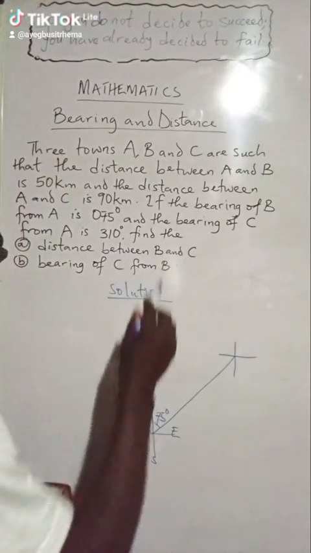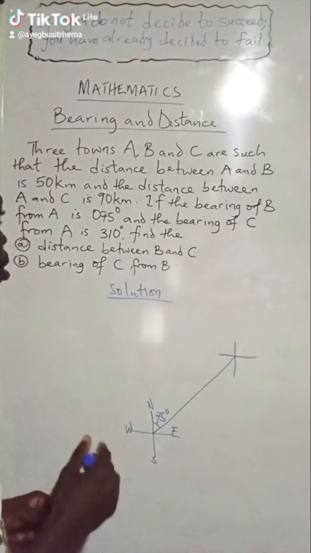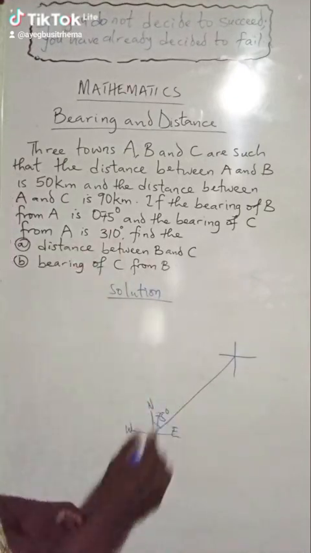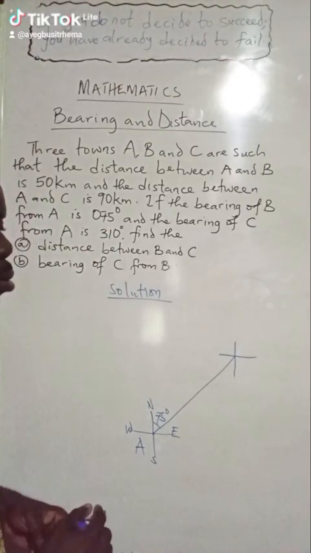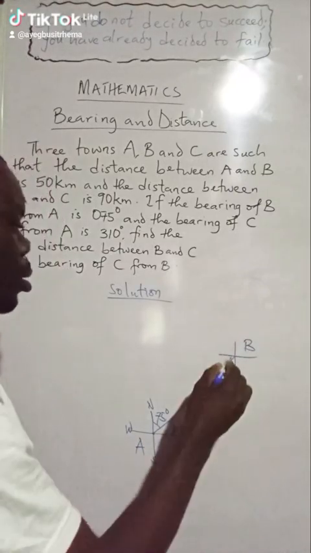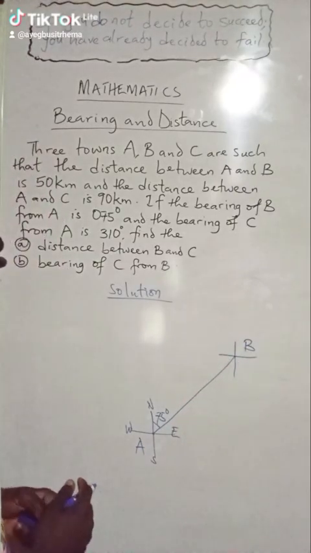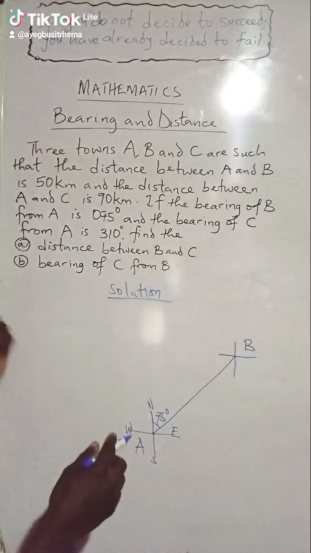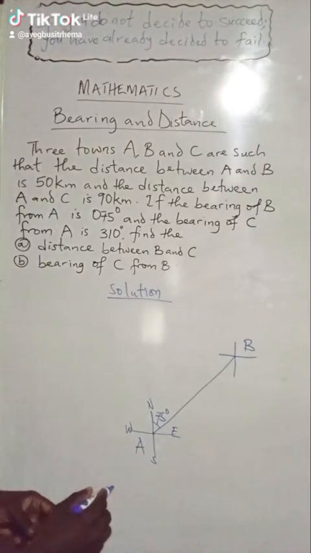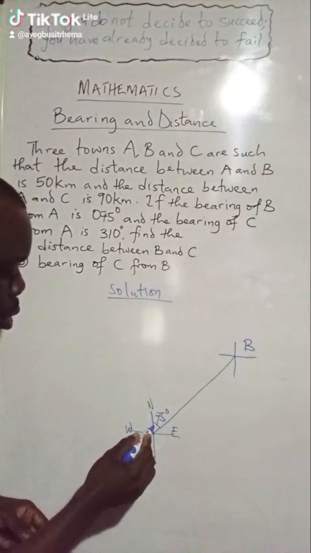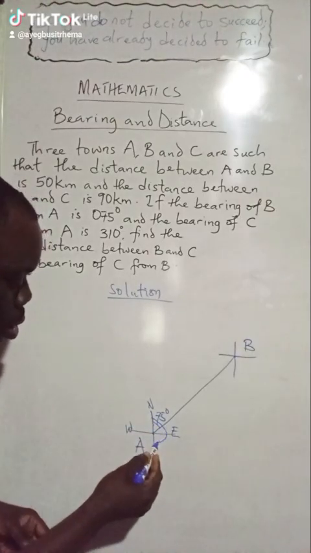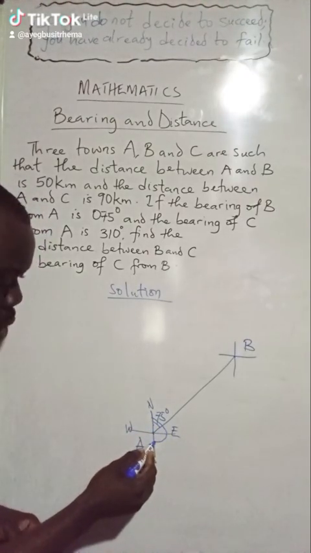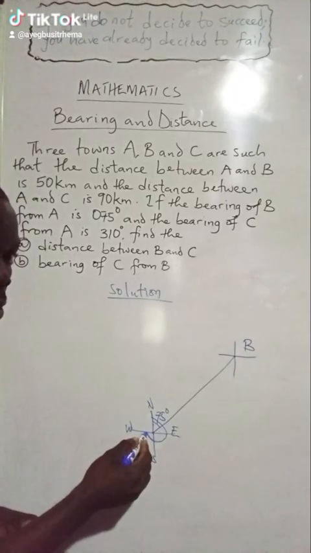So if the bearing of B from A is 75 degrees from A, meaning that this point is A. This is now B. Alright? And the bearing of C from A is 310 degrees. 310 degrees starts from north, 90. There's another 90, that's 180. There's another 90, that's 270.